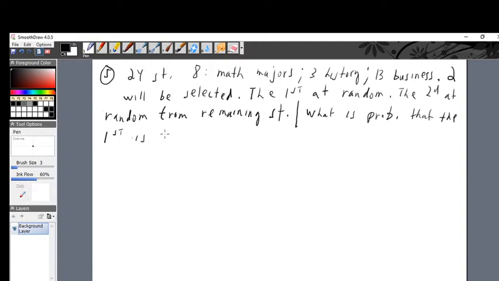First one selected is a math major. Okay, and the second, we want this exact thing to happen. First is a math major, and the second student that is selected is a business major.